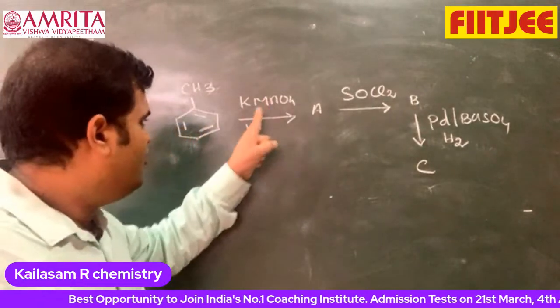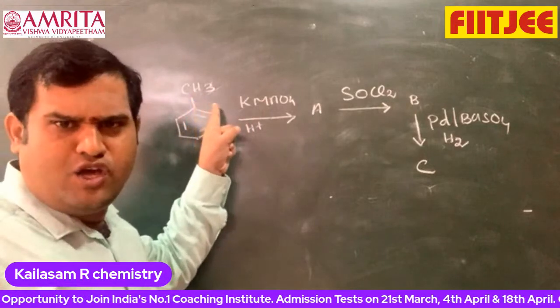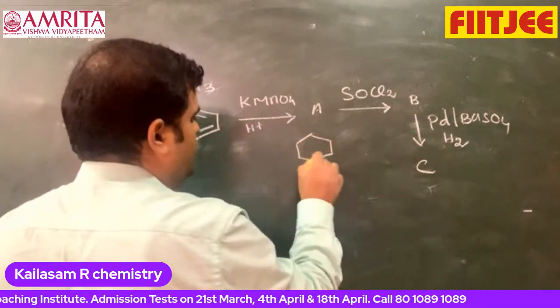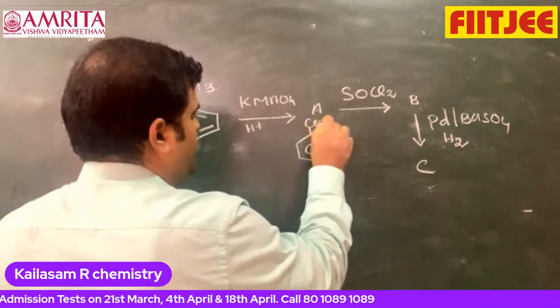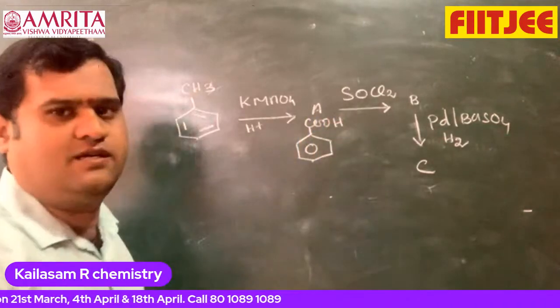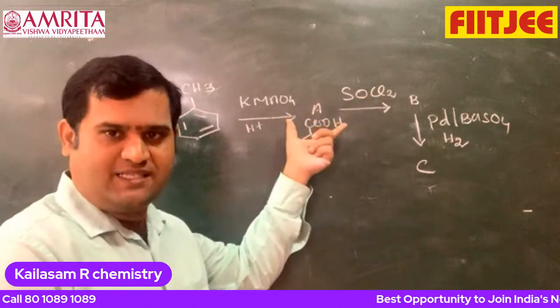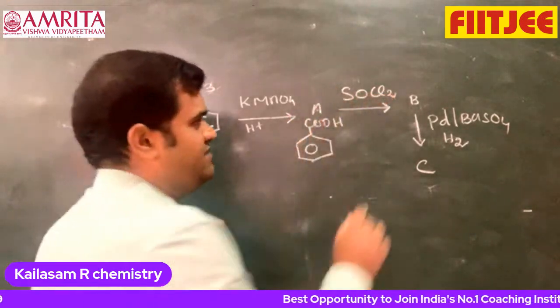Now, toluene with KMnO4 in acidic medium is going to form benzoic acid. When benzoic acid is treated with SOCl2, the acid reacts with SOCl2 to give acid chloride.